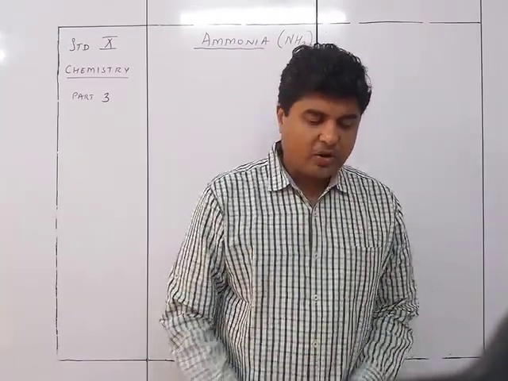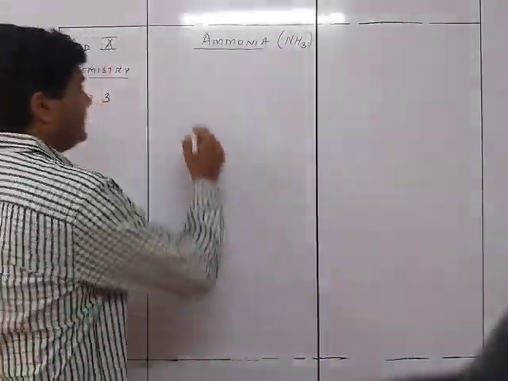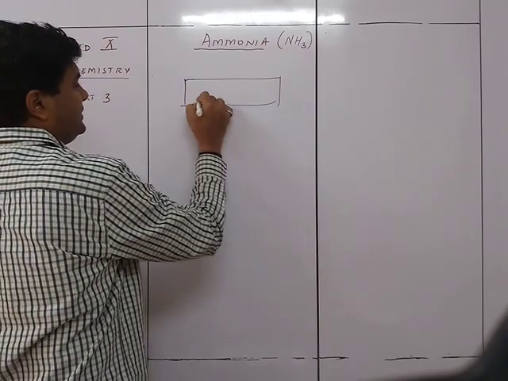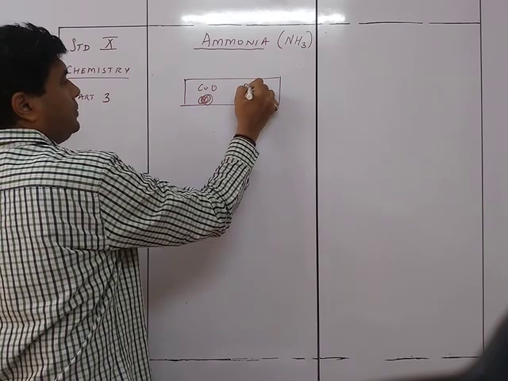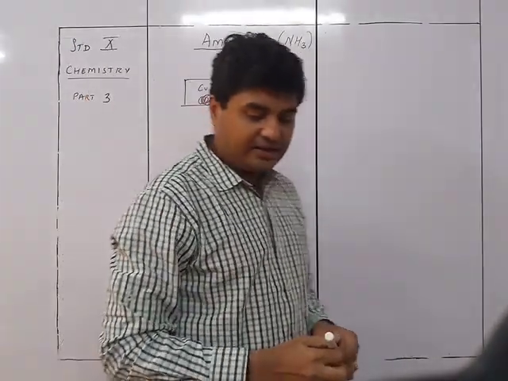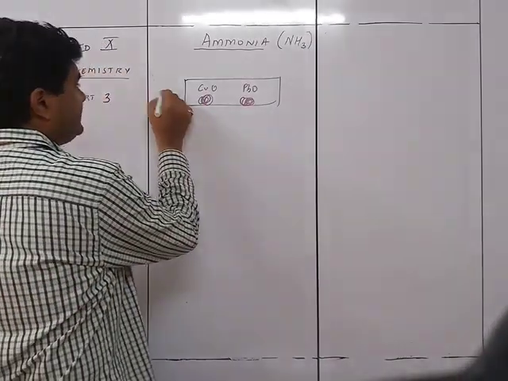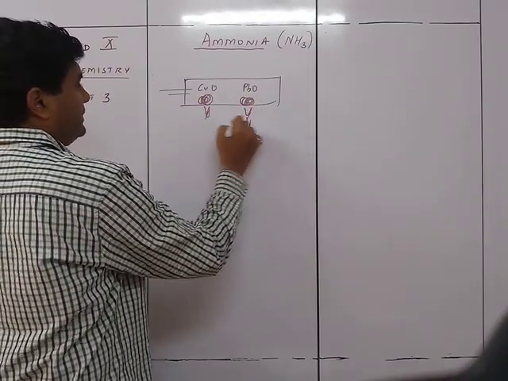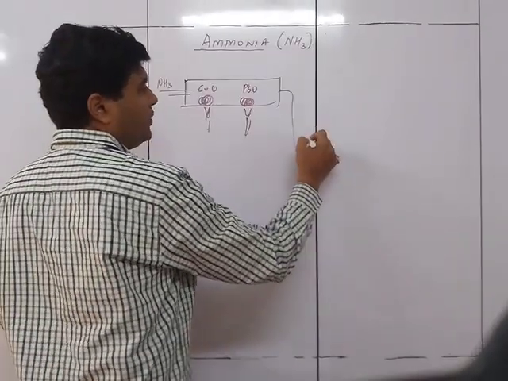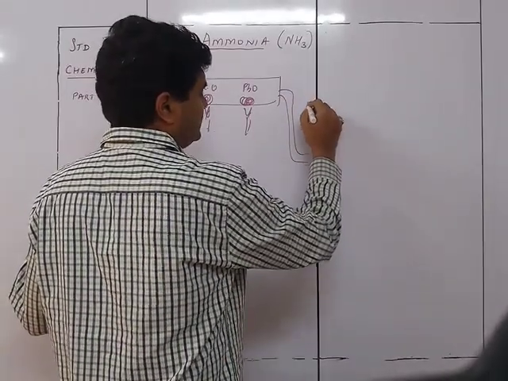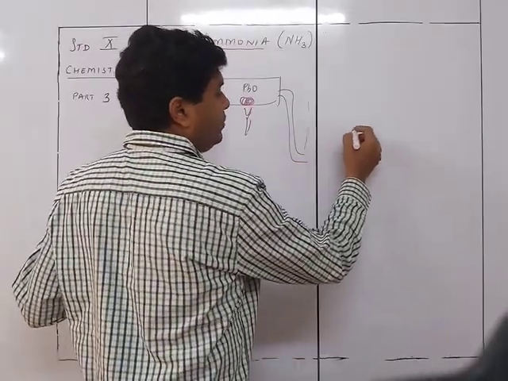So if you take copper oxide and lead oxide in a chamber, so if you are taking a chamber over here and you have taken a certain amount of CuO or PbO, so if you are taking this lead oxide and copper oxide, and when you are passing it through condensed water, so अगर मैंने यहाँ से heat किया इसको and then I pass ammonia through it, or we can pass it through water, means through a solution over here, condensed water, and then you are going to get in water nitrogen gas.